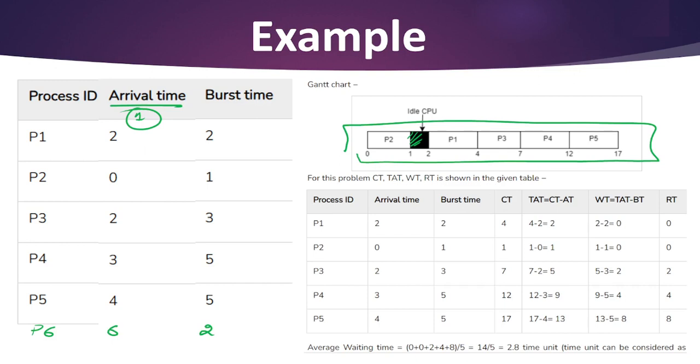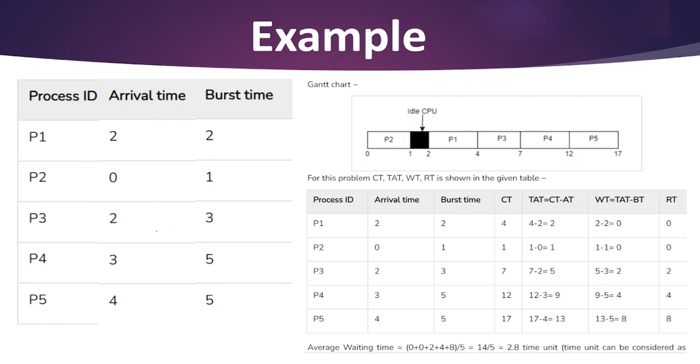So after P5, our CPU will be free for 2 seconds. Then process P6 will come in the queue, right? So here you can see we have completed the turnaround time, that is completion time minus arrival time.